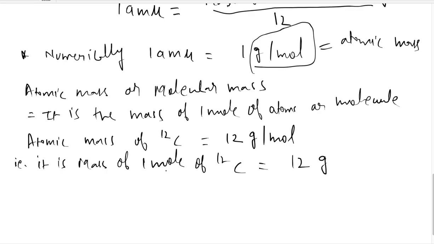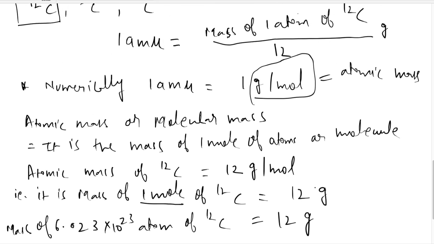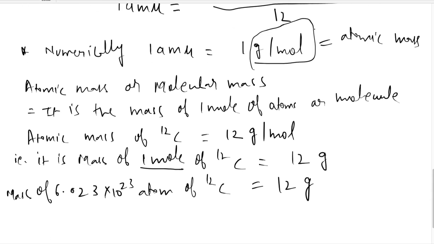Here 1 mole is nothing but 6.023 × 10^23 atoms of carbon 12. This is the mass of this many atoms: 12 gram. Now what we are trying to do is find the value of AMU. 1 AMU is the mass of 1 atom of carbon divided by 12, but I don't know the mass of 1 atom of carbon. So we can find it with the help of this.